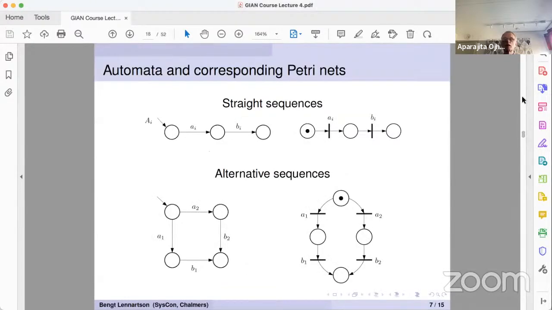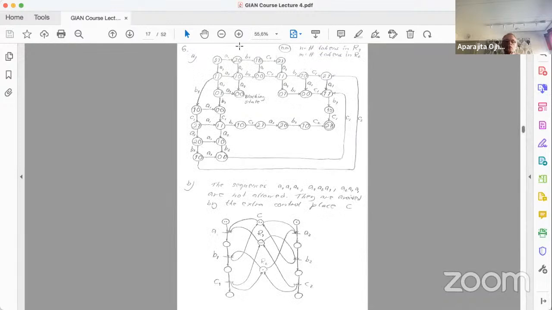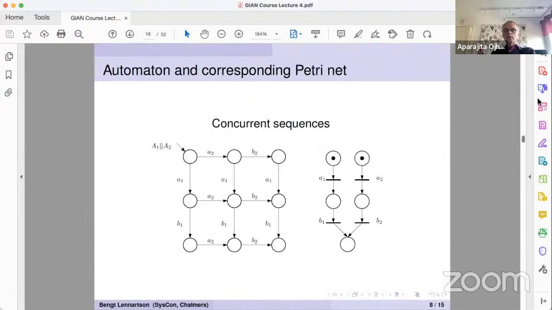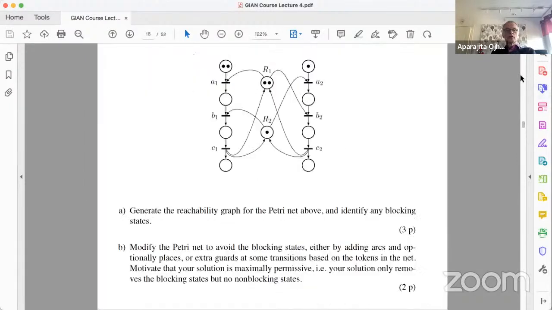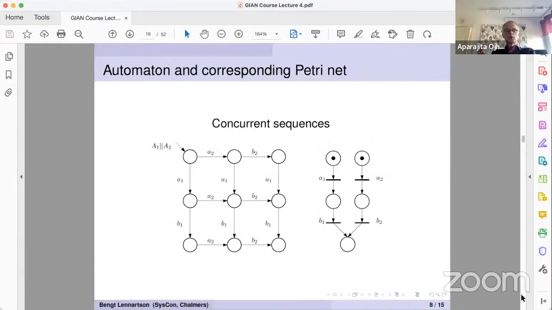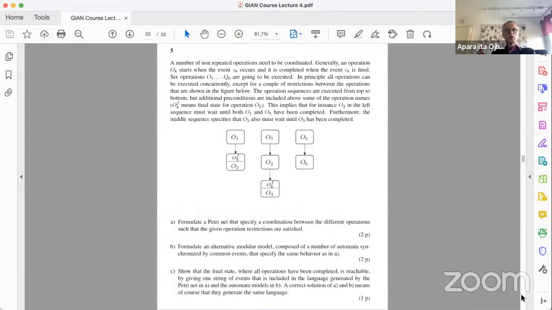You could also see here that, compared to the total automata description of this, this is much more condensed information in the PetriNet once again. Let's see if I had something more. Okay, then I'm coming with some more examples later on.